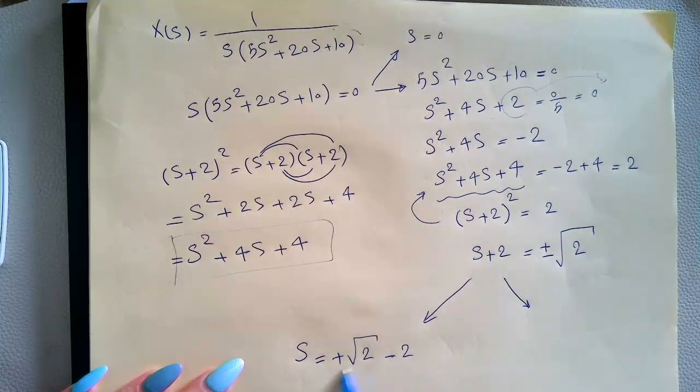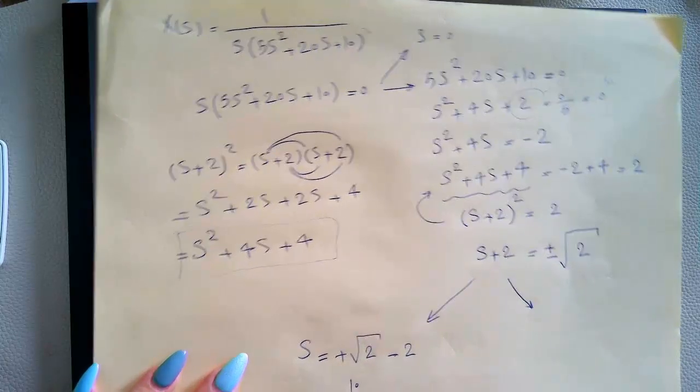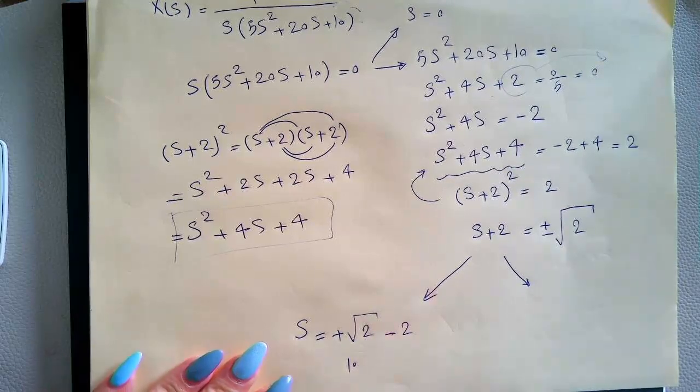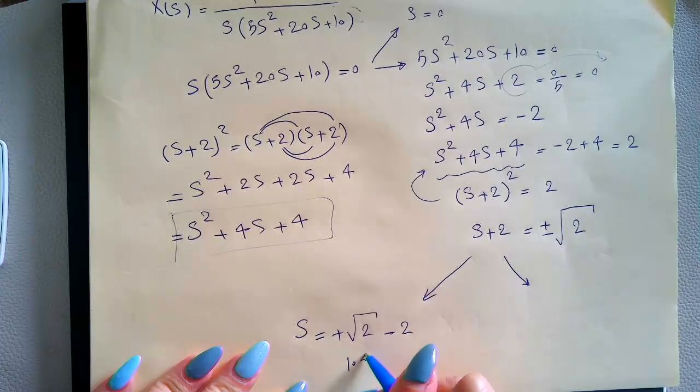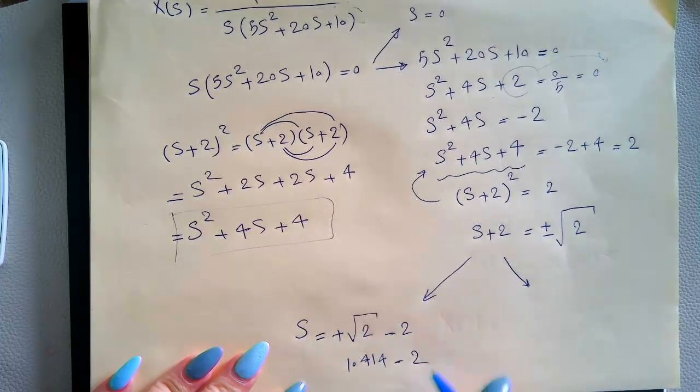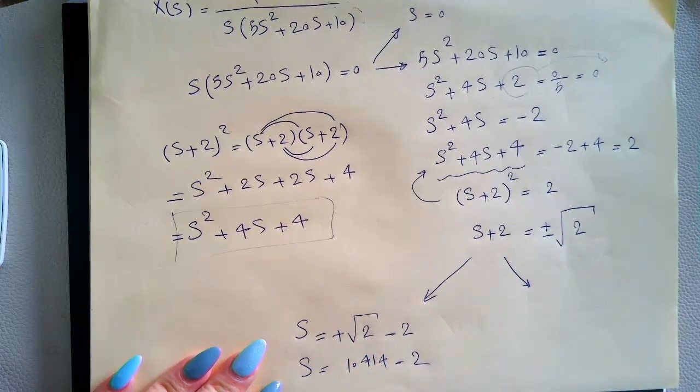And what's that value? That is 1.414 minus 2. That will be s, one possible value.